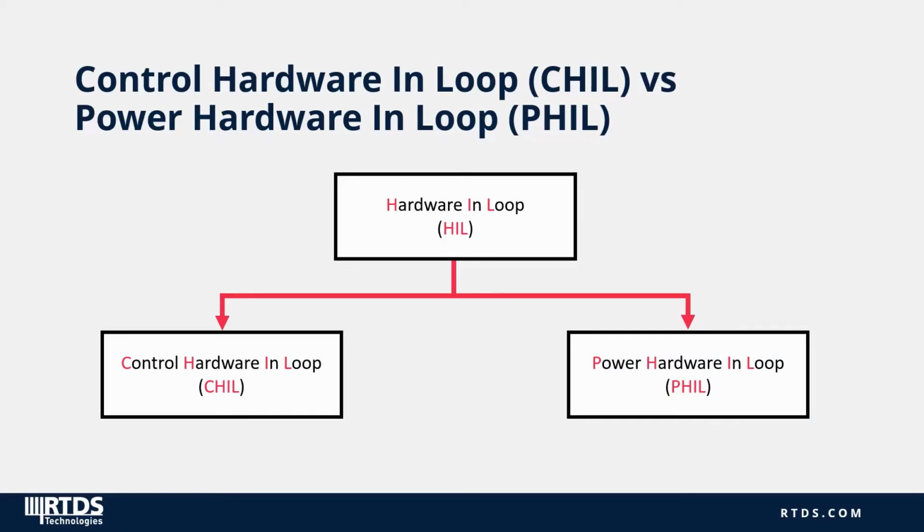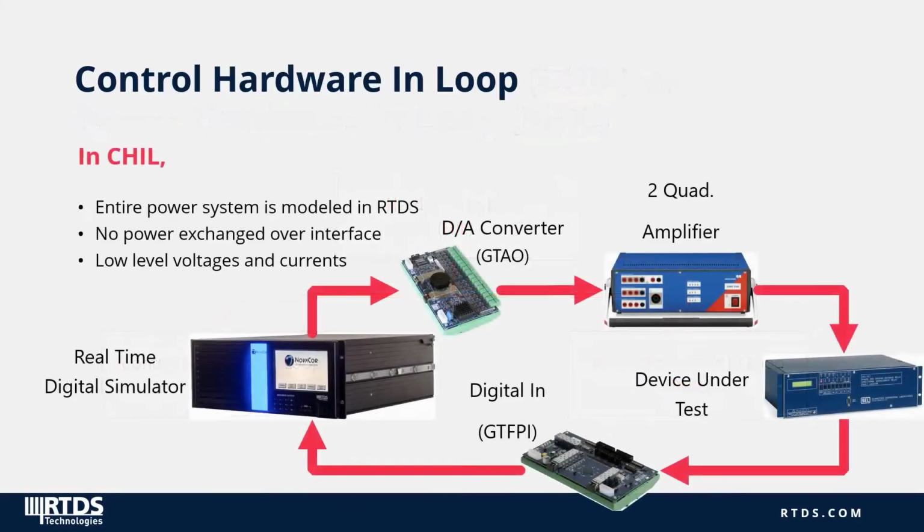First, I'd like to touch on hardware in the loop testing with the RTDS. This is going to be broken down into two main categories, one being control hardware in the loop, and another being power hardware in the loop. Let's first start with control hardware in the loop testing. In control hardware in the loop testing, as the name suggests, what we're doing is performing a hardware in the loop test on a controller. On these slides, you can see a hardware in the loop test setup for a protection relay, which is going to act as our controller.